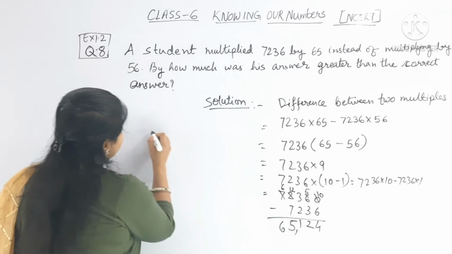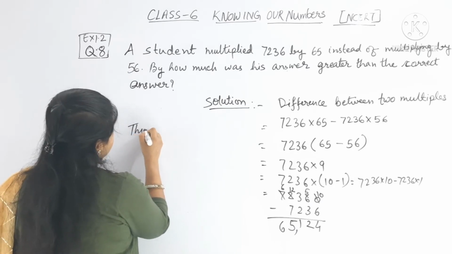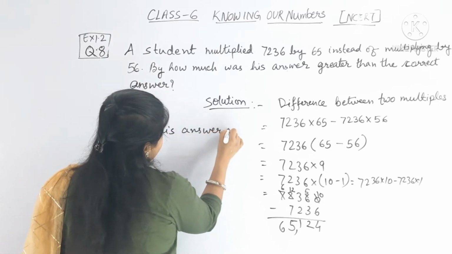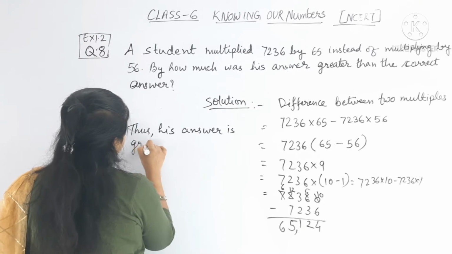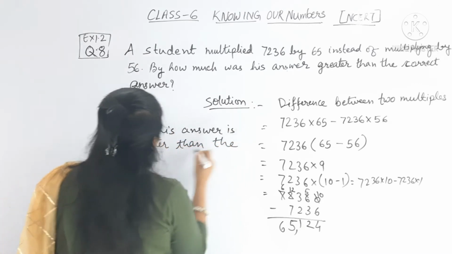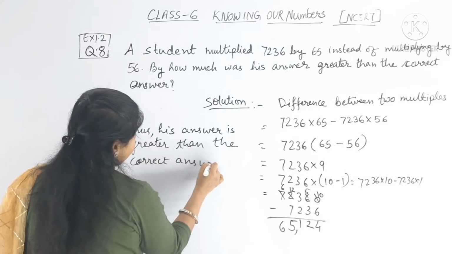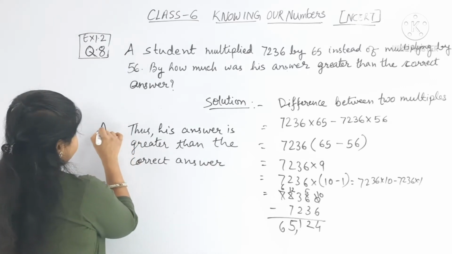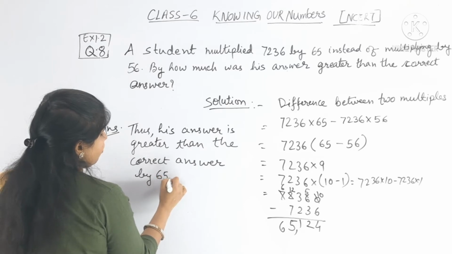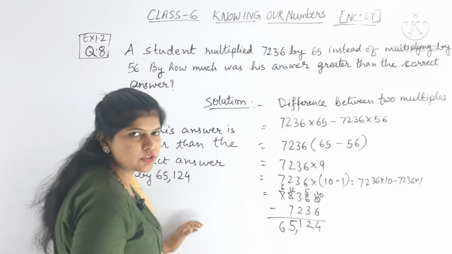So you can conclude like this: thus his answer is greater than the correct answer by 65,124. Okay, so this is the solution for question number 8.